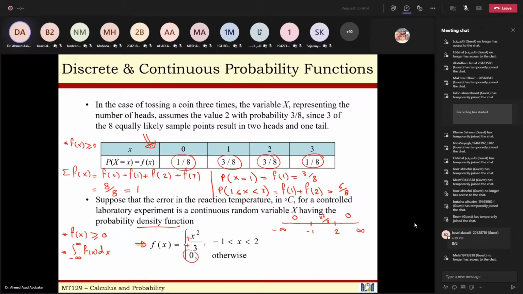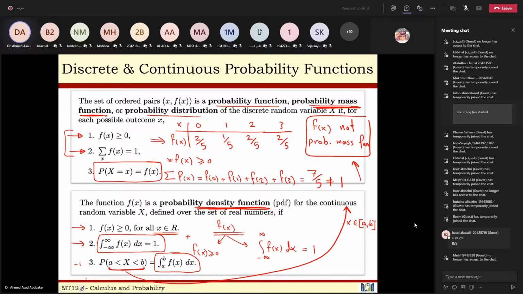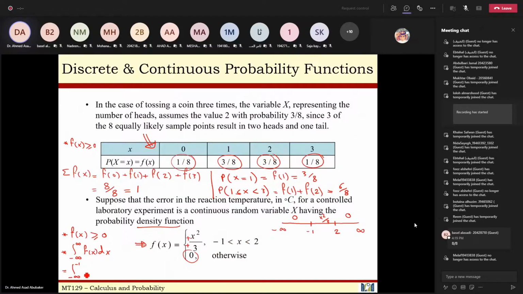So, the integral from minus infinity to infinity is equal to the integral from minus infinity to -1 of 0 dx, plus the function from -1 to 2 of x squared over 3 dx, plus from 2 to infinity of 0 dx.